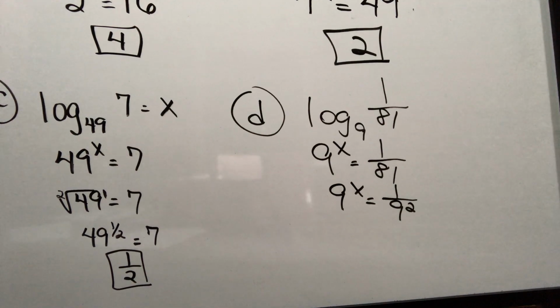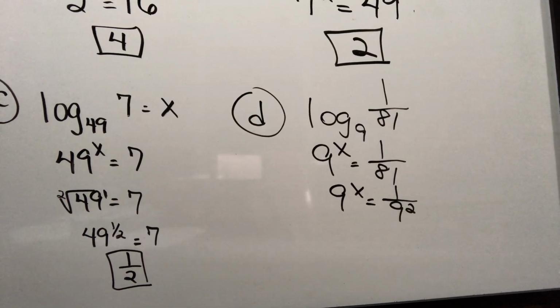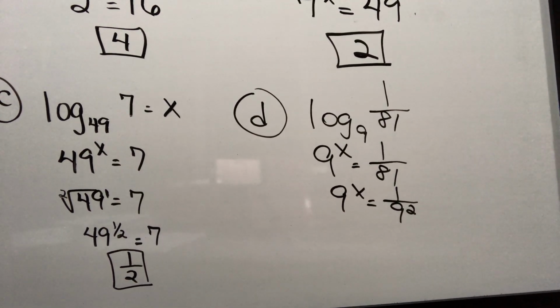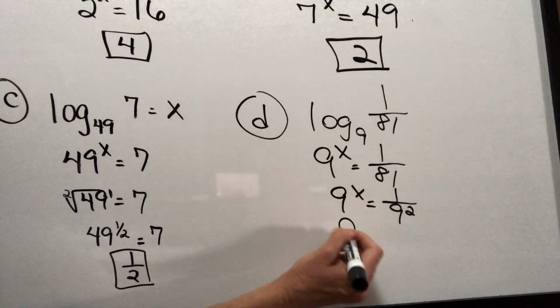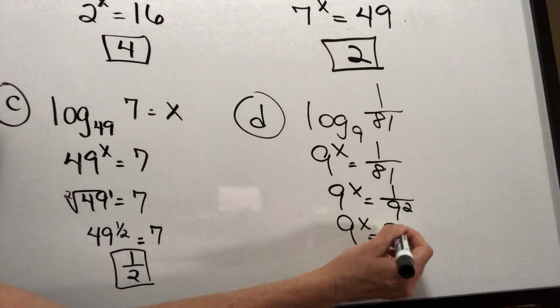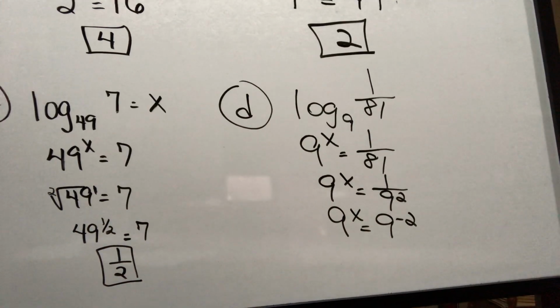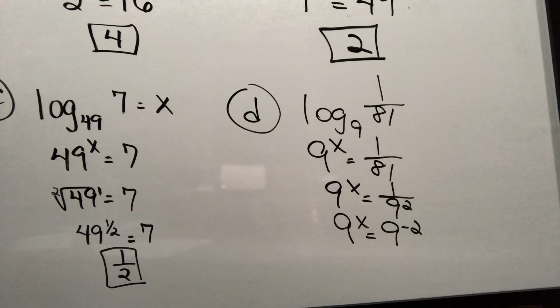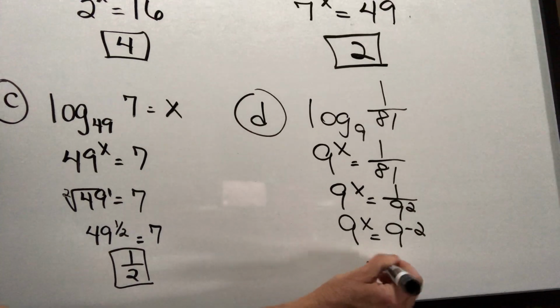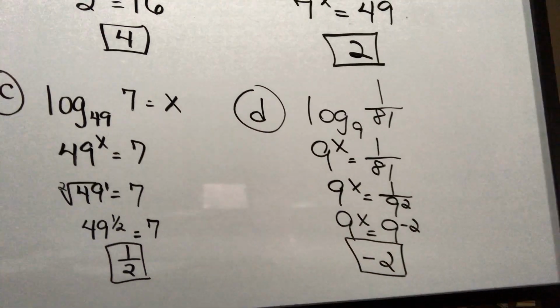And also in algebra, you learned in your exponent study that if you have an exponent in the denominator of a fraction, that is a negative exponent. So that would be the same thing as saying 9 raised to the negative 2 power. Any negative exponent is in the denominator of a fraction. So your answer for part D would be negative 2.